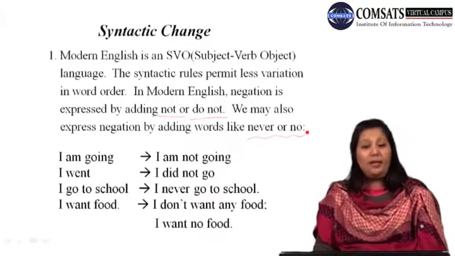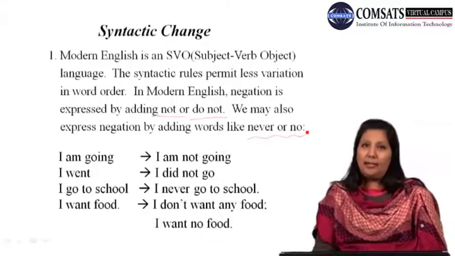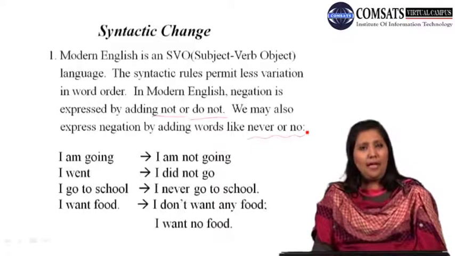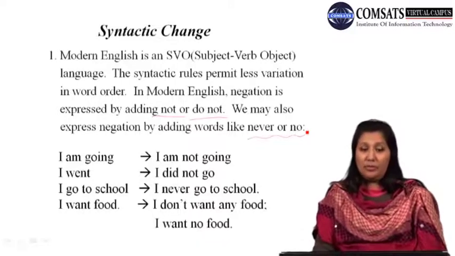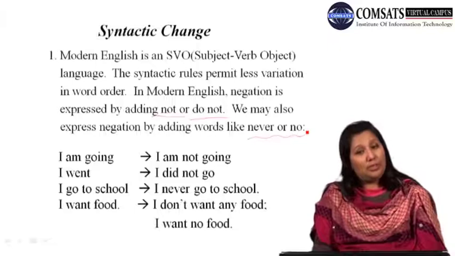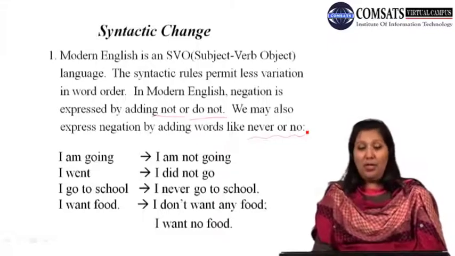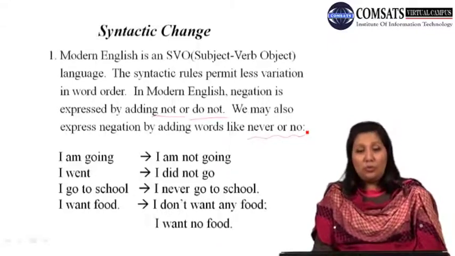If we say I went, then I did not go. If I go to school, I never go to school. I want food, I do not want any food, or I want no food.